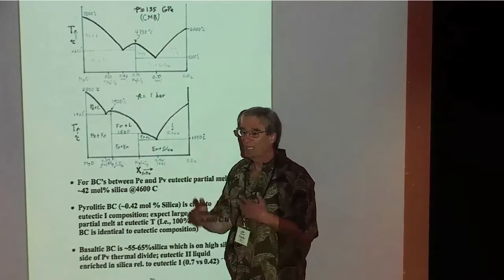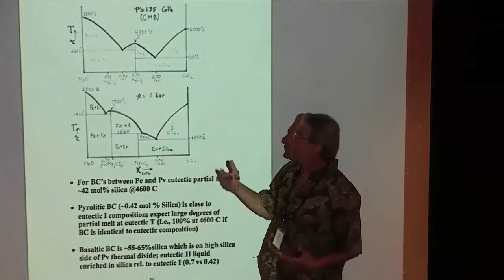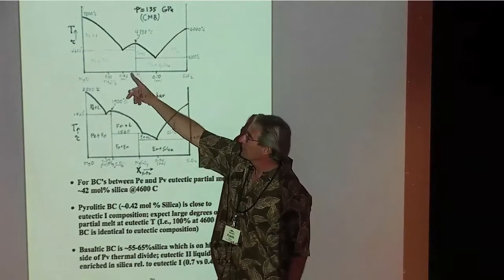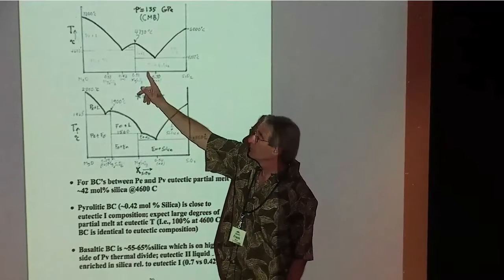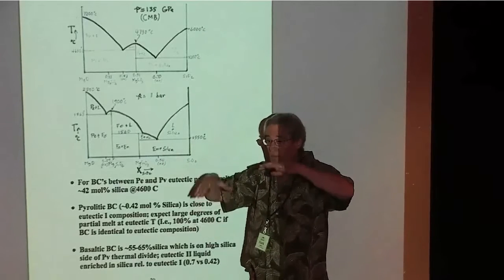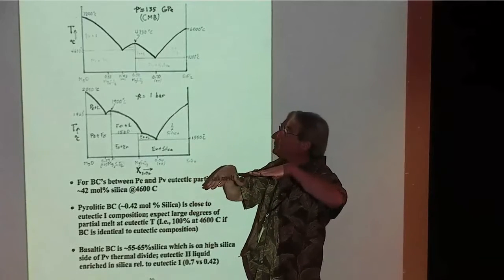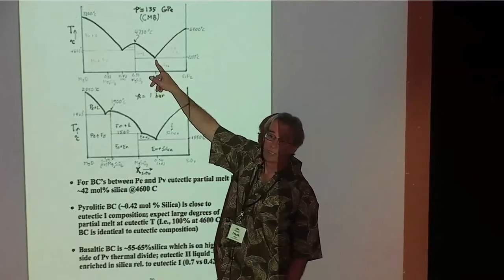So if we have this heterogeneous mantle, and this is a cartoon example, a toy model, if we straddled this bulk composition, some places it's on this side of the thermal divide, some places it's on that side, we could form different composition melts. At low temperatures we'd only form this stuff.